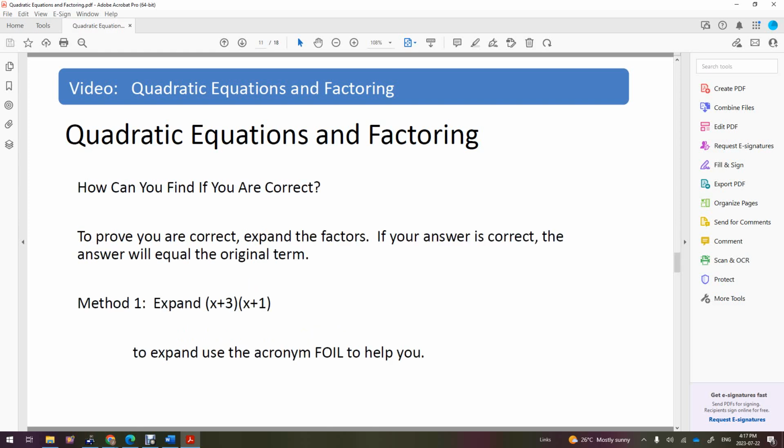But how can you find out if the answers you got are in fact correct? Well, we know that we can move from factored form to expanded form and expanded form to factored form. So to check if your answer is correct, if it's factored, you would expand it using FOIL: first, outer, inner, last.